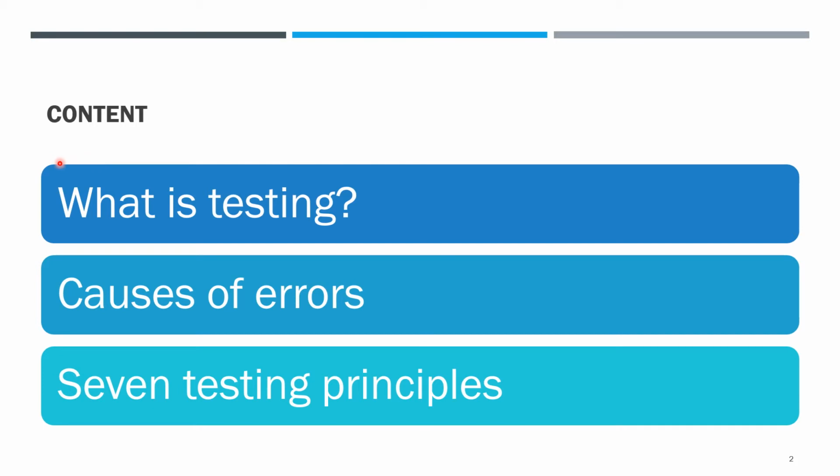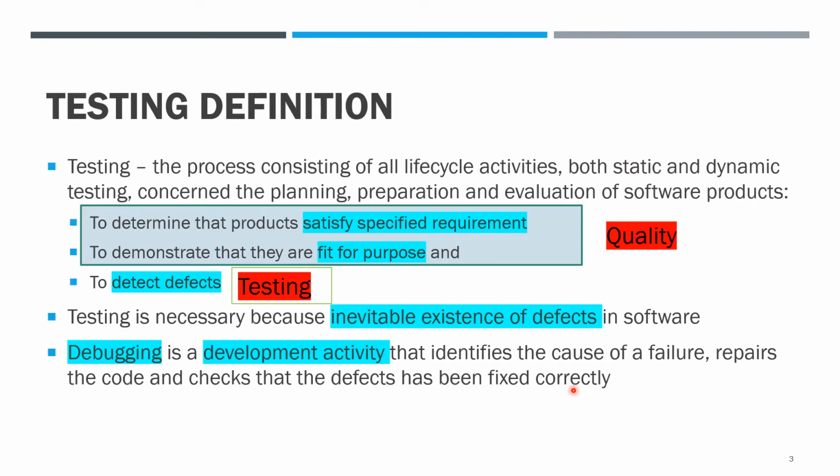Okay, this is the first part of the video on the testing fundamentals, which will be covering what is testing, causes of errors, and testing principles. Okay, definition of testing, I think most of you already know, but this is the definition specified in CTFL content.